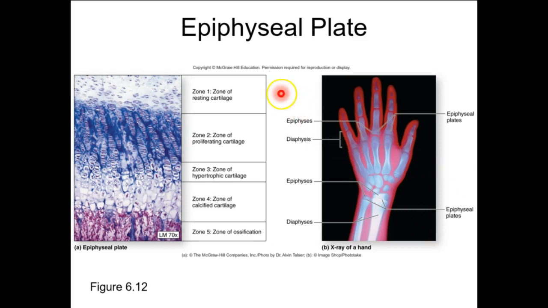Histologically, it looks like this. You have 5 zones where we go from our standard hyaline cartilage appearance. And then that cartilage proliferates. It undergoes a lot of mitosis, and it does so quickly that these lacunae stack on top of each other. They look like stacks of coins almost.